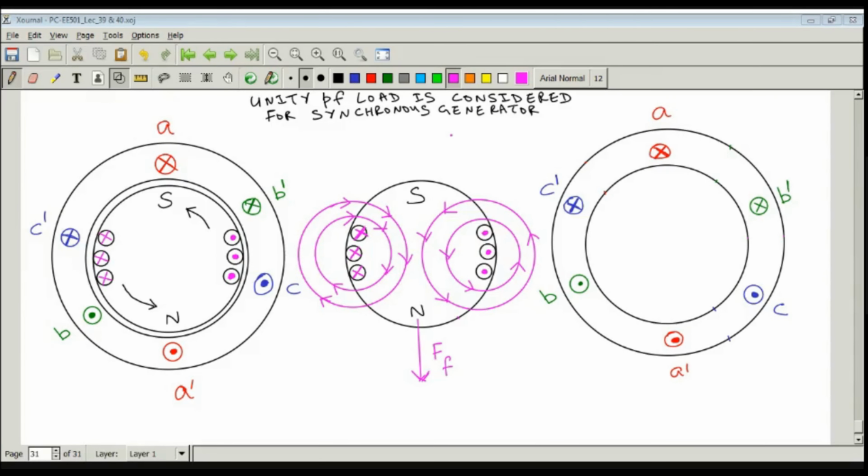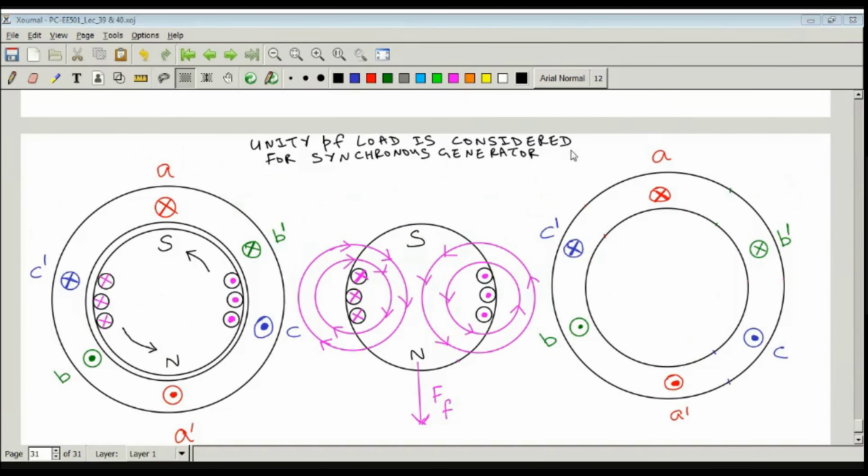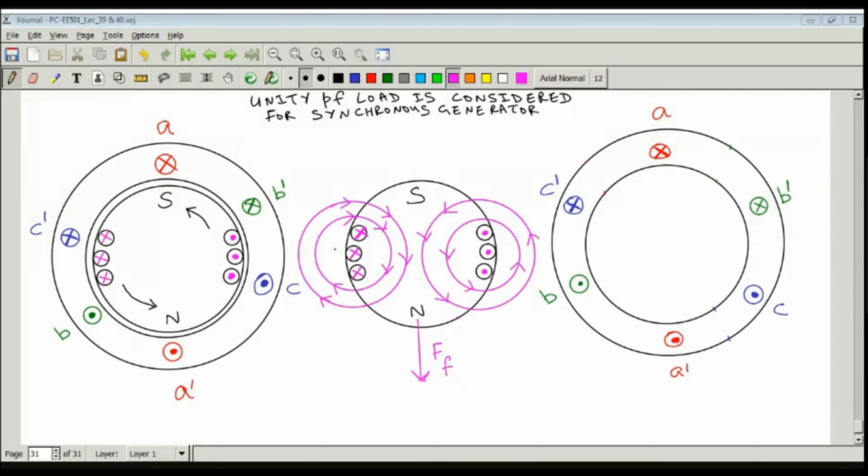Now let us plot the magnetic lines of flux due to current carried by armature winding. Let me try to make it in this region only. This will be the pattern of the magnetic lines of flux due to current carried by armature winding.